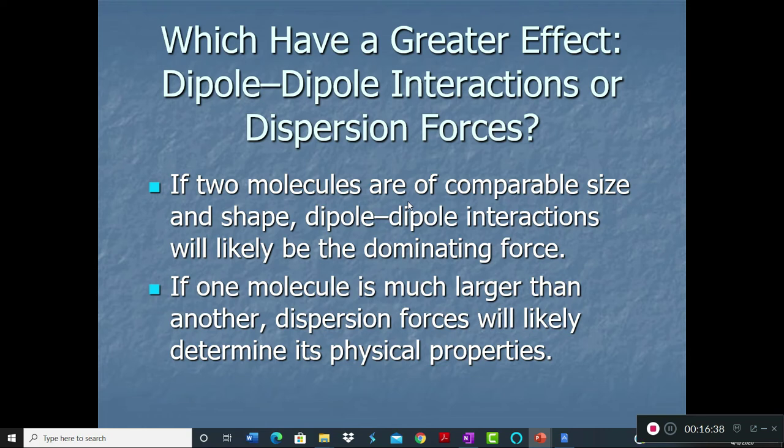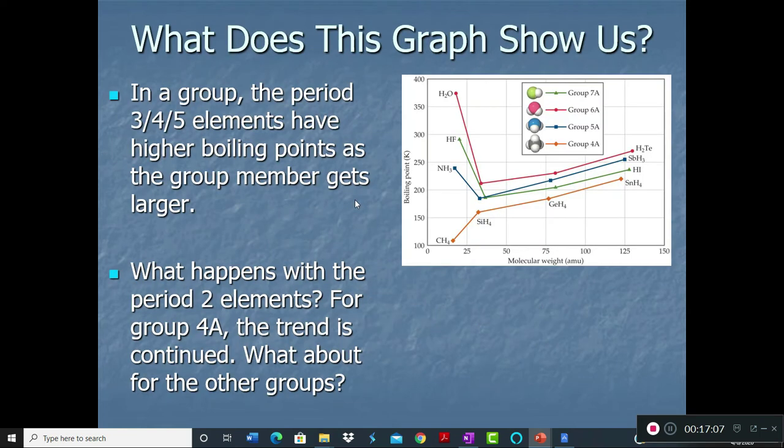But as the molecule becomes very, very large with a large number of electrons, London dispersion forces are going to outweigh the dipole-dipole interaction. Simply put, big molecules with a lot of electrons are polarizable. One of the components driving what happens with the substances is the London dispersion. It becomes a bigger and bigger impact the bigger and bigger the molecule is.